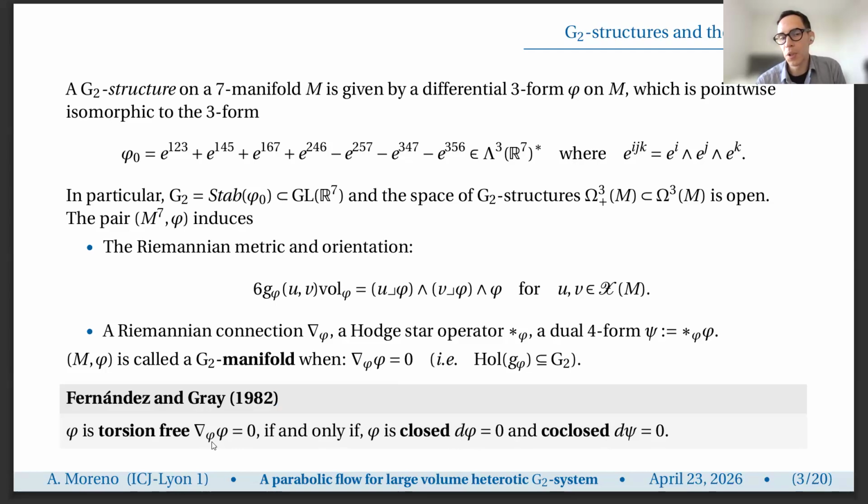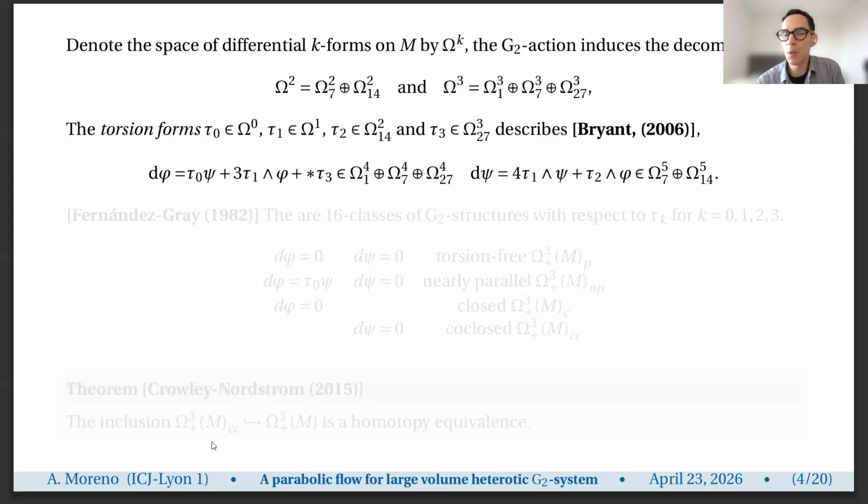In order to use this decomposition, you can study the irreducible decomposition of the space of differential forms. For instance, when you have the induced G2 action on 2-forms, you have the decomposition into a 7-dimensional irreducible subrepresentation, which is associated with the standard representation of G2, and a 14-dimensional subrepresentation, which is associated with the Lie algebra representation of G2 coming from the adjoint representation.